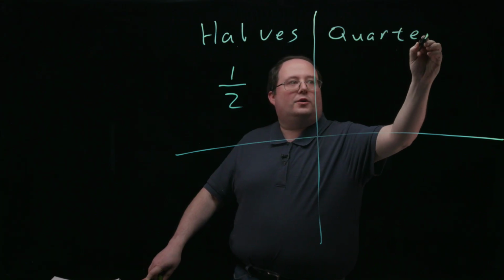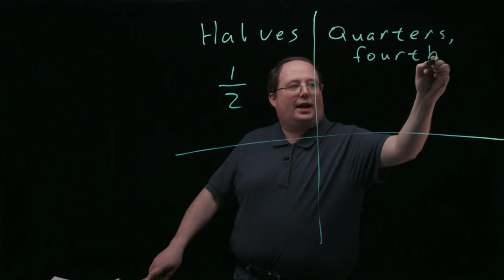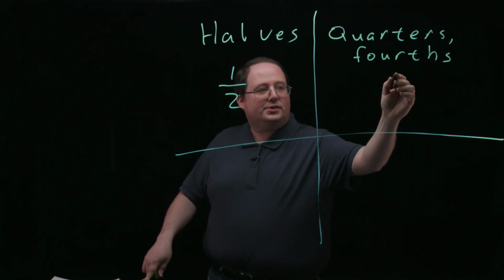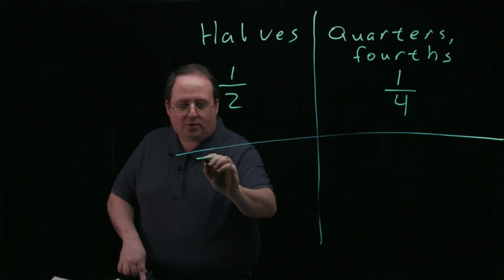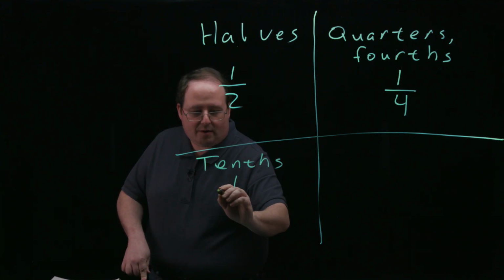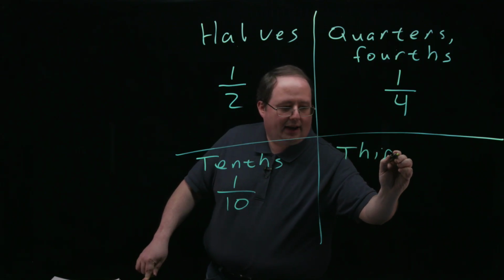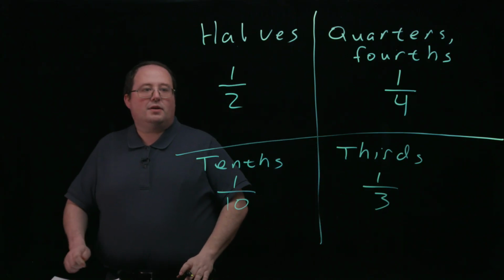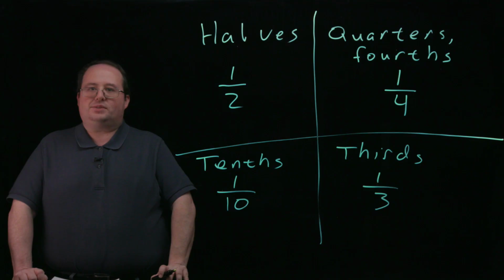And the quarters are also called the fourths, and having those 2 names for the fraction will help us as we look at the fraction and decimal equivalent pairs. And for example, 1/4 is a fraction in that category. And we'll look at the tenths, for example, 1/10. And finally, we'll look at the thirds, for example, 1/3. So there's our 4 categories, and Brenna will start us off with a look at the halves.